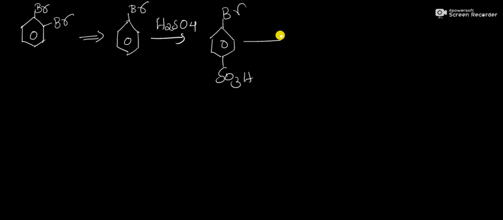That is, bromobenzene on sulfonation using sulfuric acid will convert into sulfonic acid, which on bromination using FeBr3 will convert into dibromosulfonic acid.